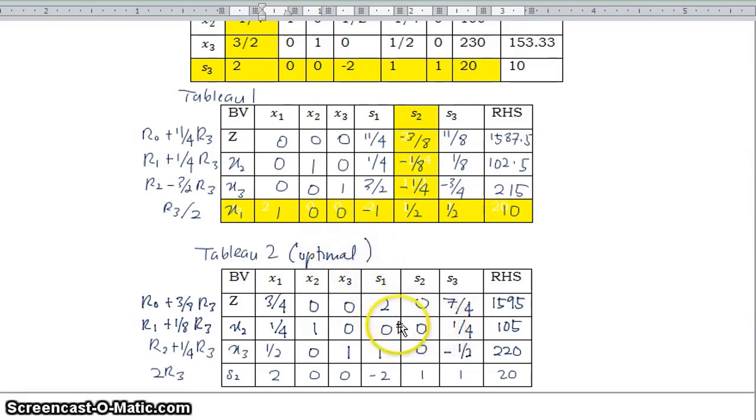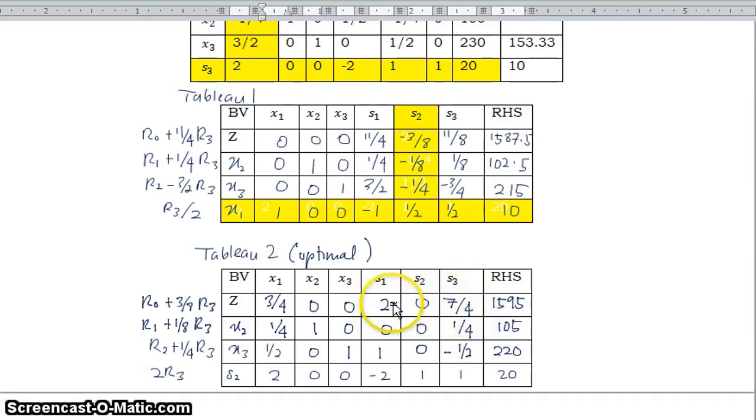And the type of solution of this problem is, check the coefficient of NBV. NBV for this problem is X1, S1, and S3.